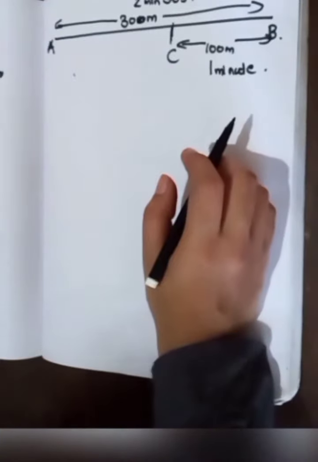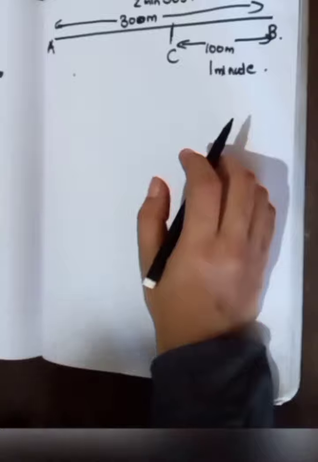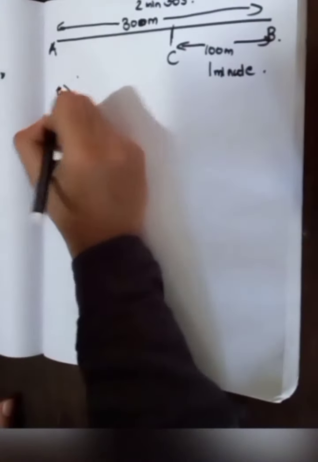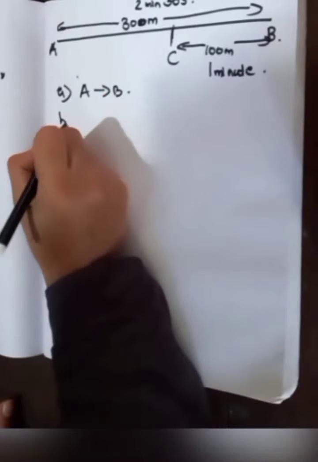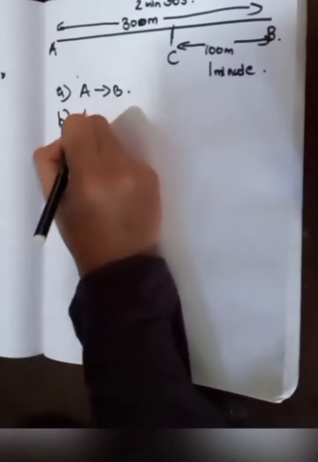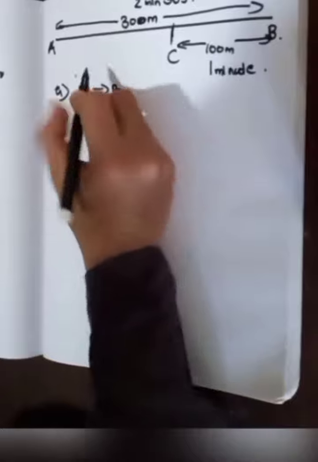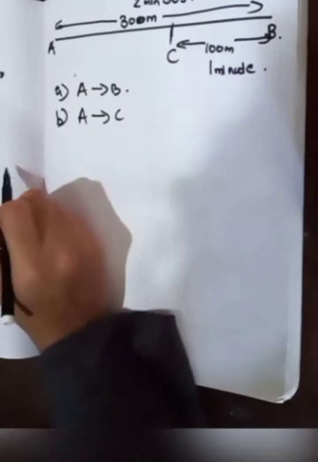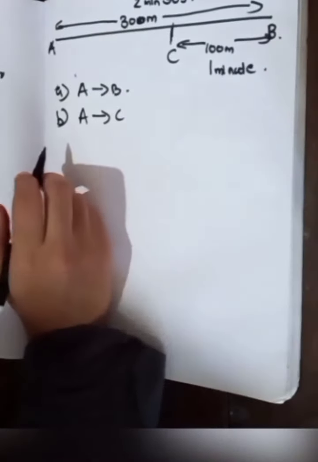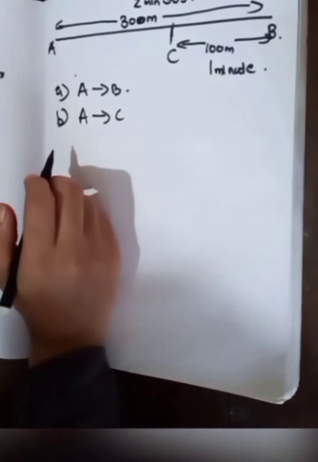So what is the average speed and velocities in jogging? The first question is from A to B, then the second question is from A to C. We have to calculate from A to B and from A to C. First we have to calculate the average speed.